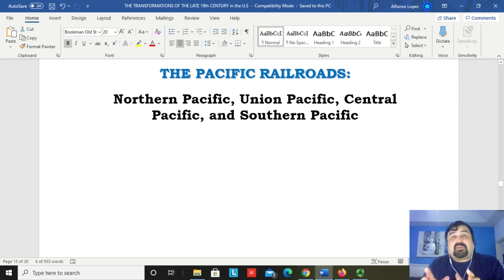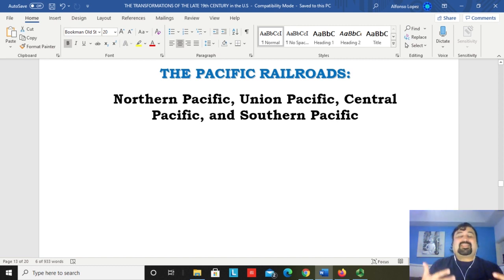So it is in the same year that Congress, the Union in this case, in the midst of the Civil War, realized that in order to fully transform this region and link those territories with the East, you need to bring the railroads. In other words, look, you need to develop the railroads.